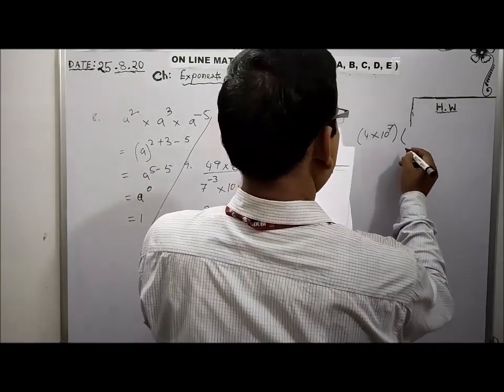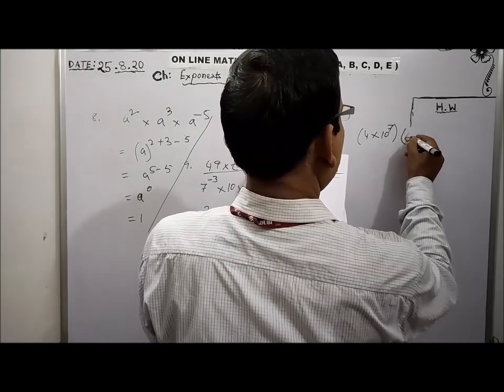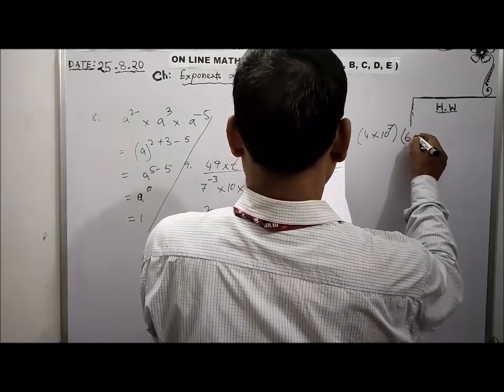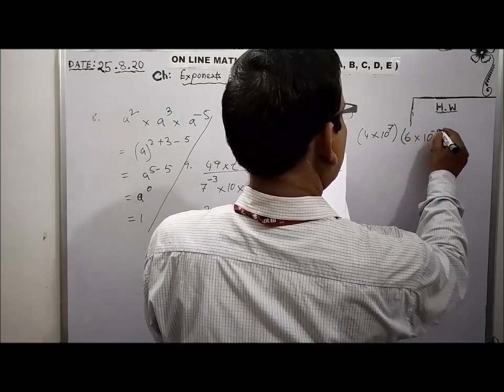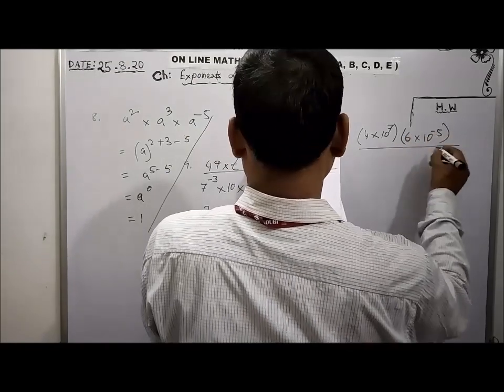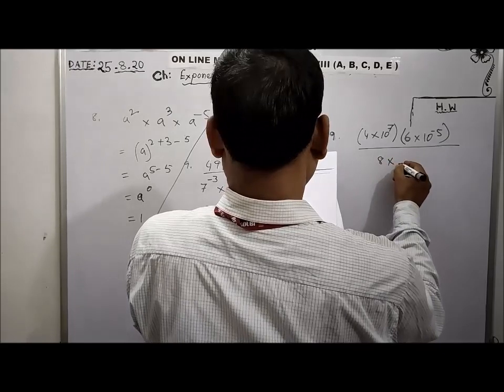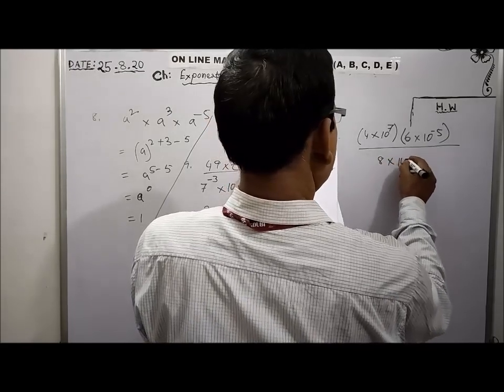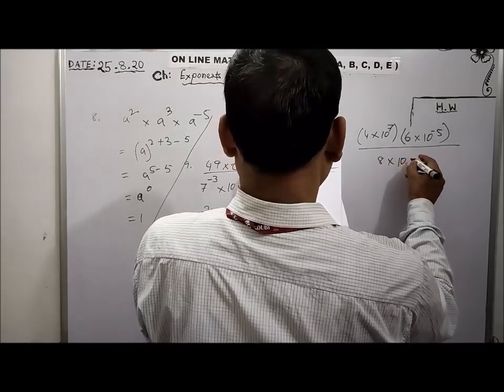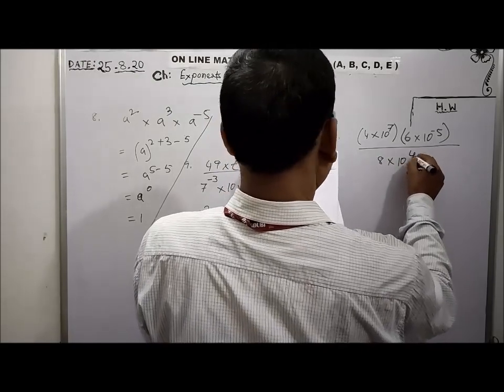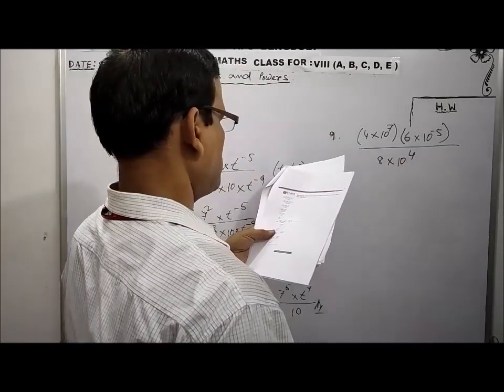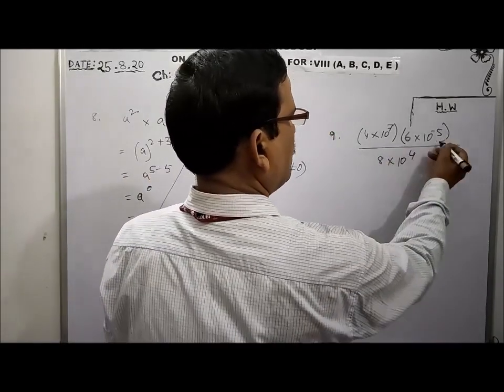Now 6 into 10 raised to minus 5 by 8 into 10 raised to 4. Clear? Now this is a binomial product.